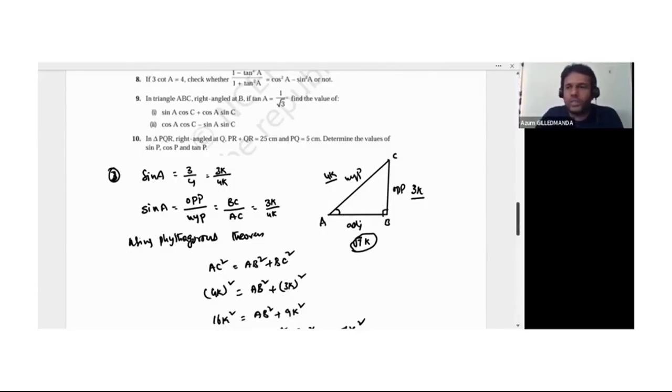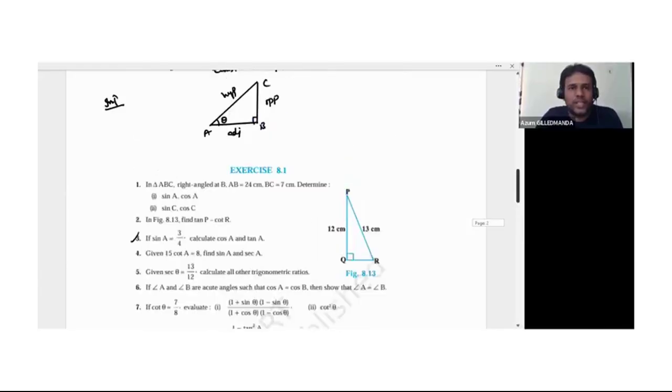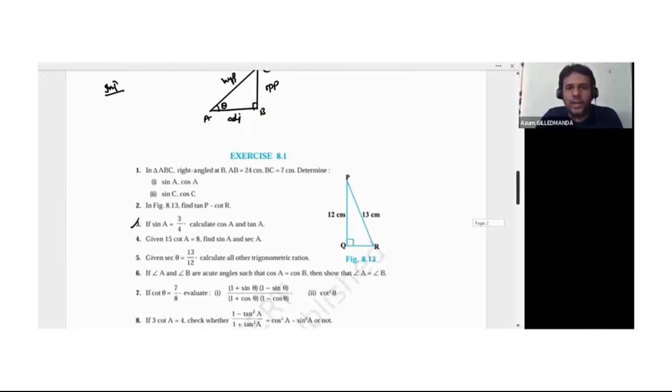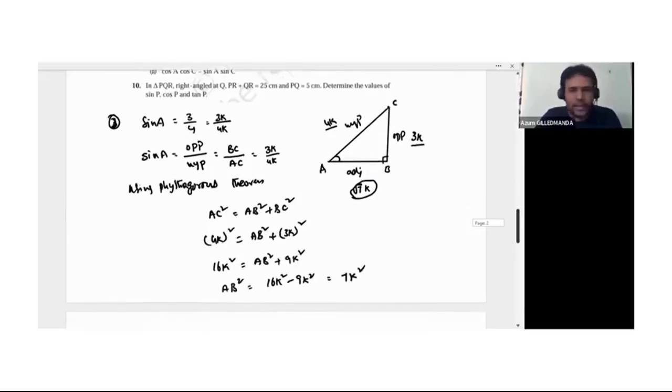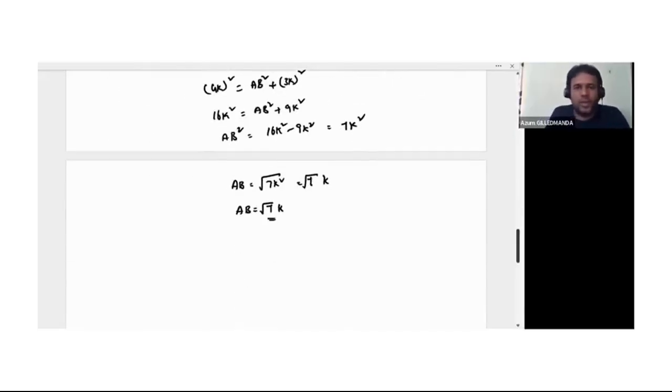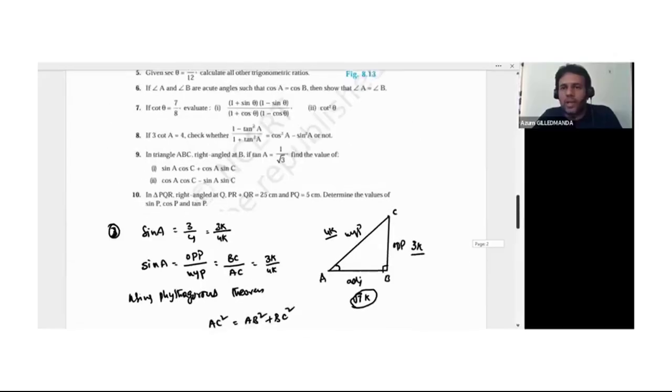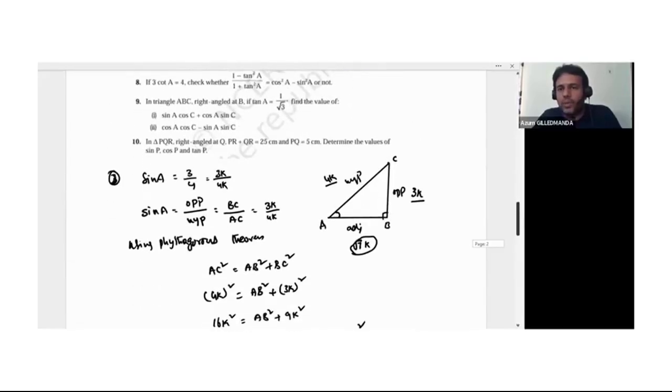Now, what was asked in the problem? So sin A is given. You need to find cos A and tan A. Now I know all the three sides, so I can easily find it, right? So cos A, what is cos A formula? Cos A is adjacent by hypotenuse, right? So what is the adjacent side here? AB, right? In this triangle, AB is the adjacent side, which is root 7K.